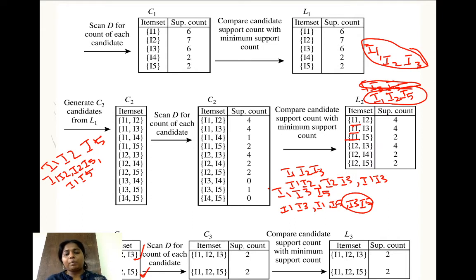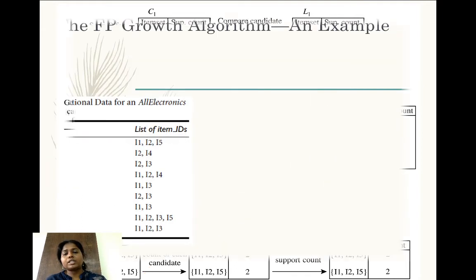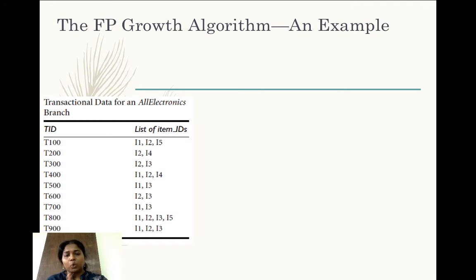So in frequent pattern growth, I am going to scan the entire database once and start constructing a tree. Once the tree construction is over, I will not look into the database once again, but from the tree structure, I can find out both frequent patterns and their support values. I'll tell you how we can generate this tree structure.